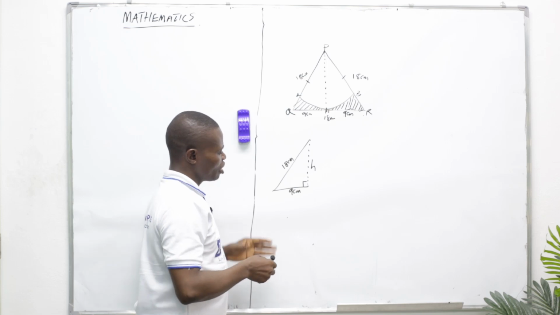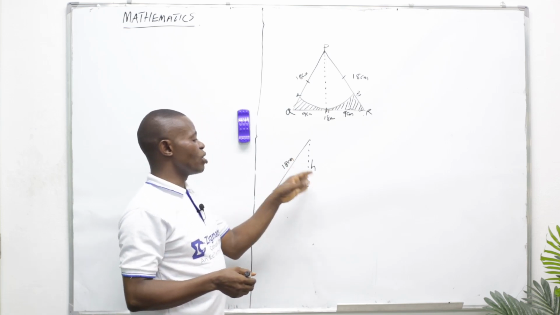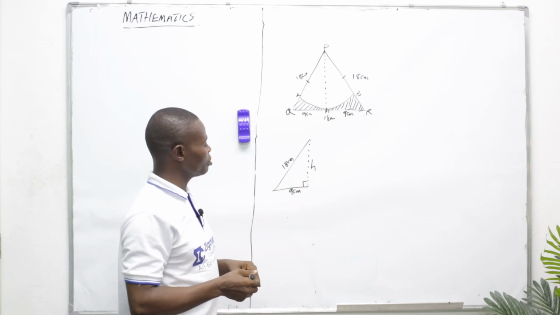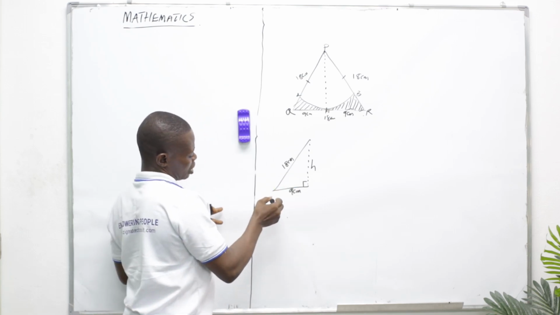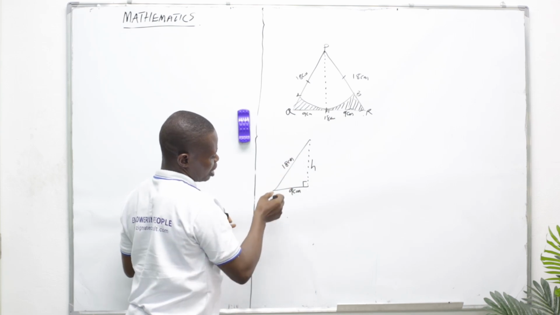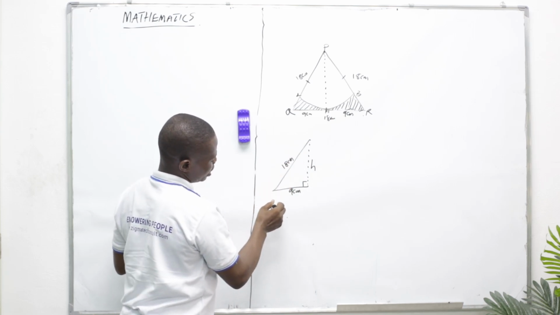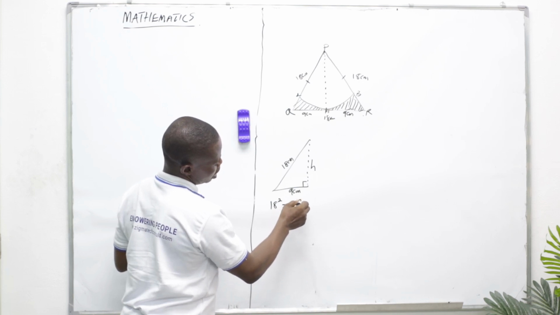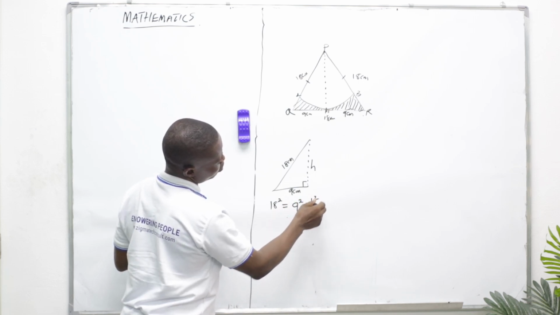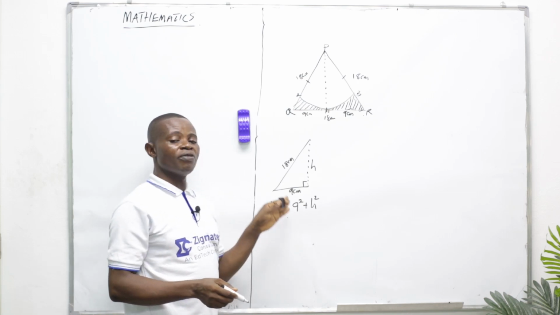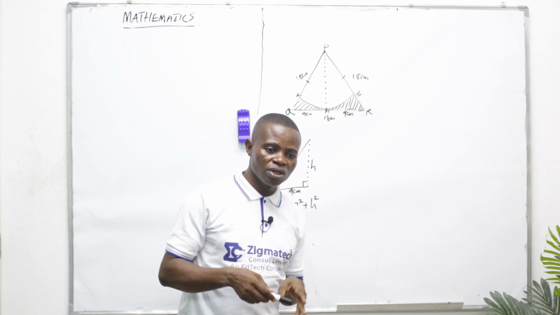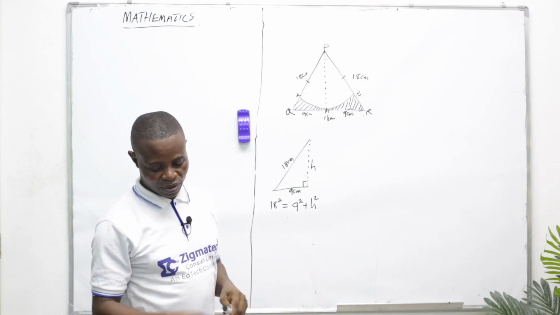First of all, whenever you have a right angle triangle, we should know that, according to Pythagoras theorem, the square of the hypotenuse, that is 18 squared, is equal to 9 squared plus the square of the opposite. That is, the square of the adjacent plus the square of the opposite equals the square of the hypotenuse.